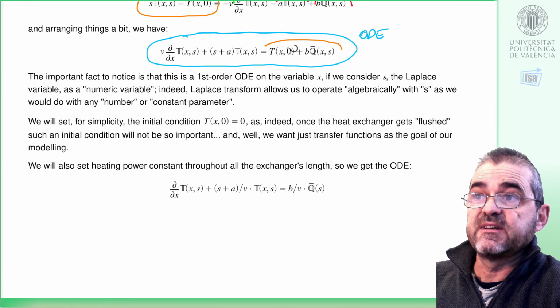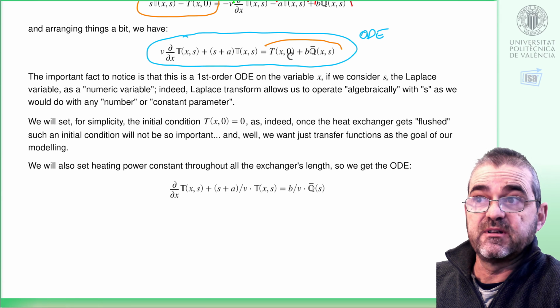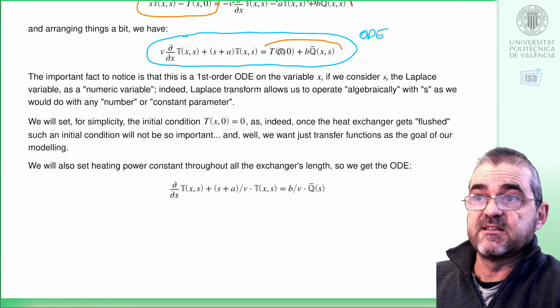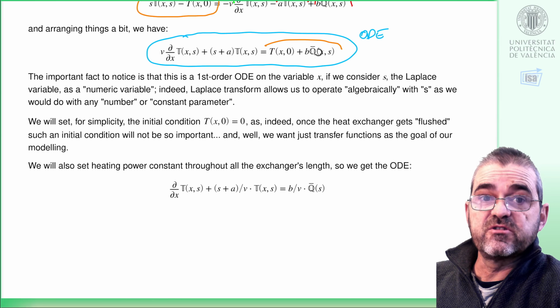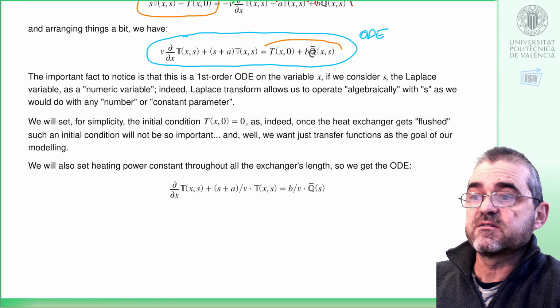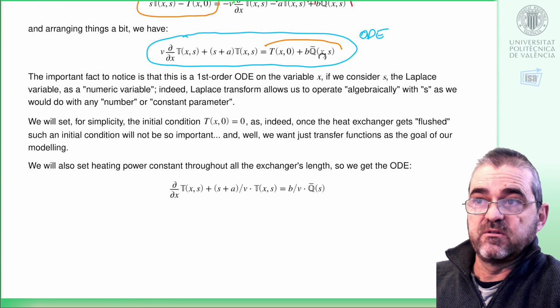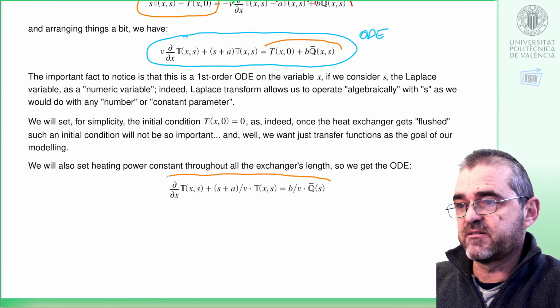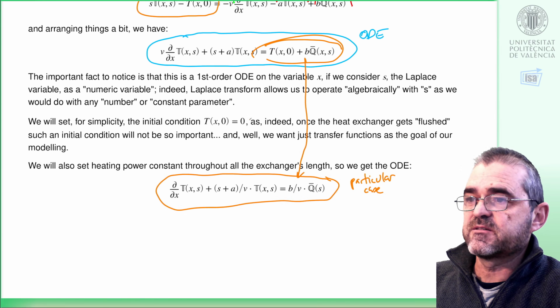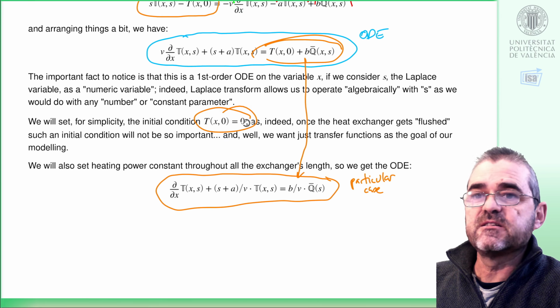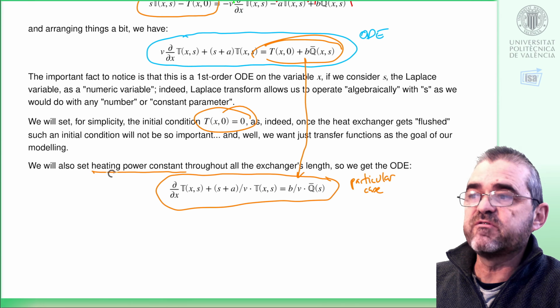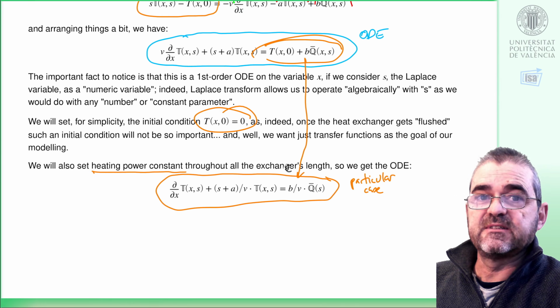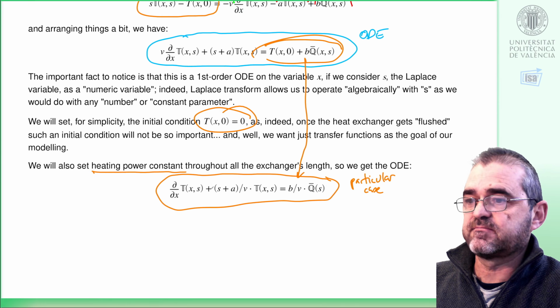If Barq is an input and initial conditions are also known, then this is in a generic term a known function of x and s. We can do the same things later, but to keep things simple, we will just consider this particular case of 0 initial conditions and uniform heating power throughout all the exchanger's length.